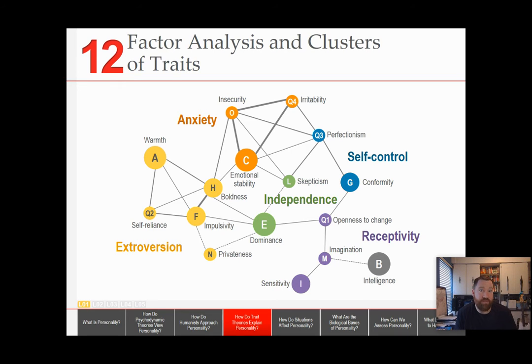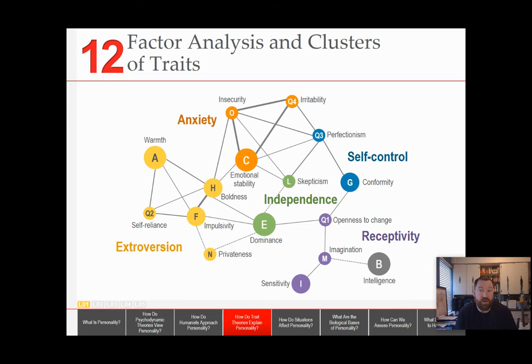If you're outgoing, you're probably going to be characterized as lively, and vice versa. So we see that there are these combinations of traits that correlate to each other, and a high prevalence in one is likely to signify a high prevalence in another.